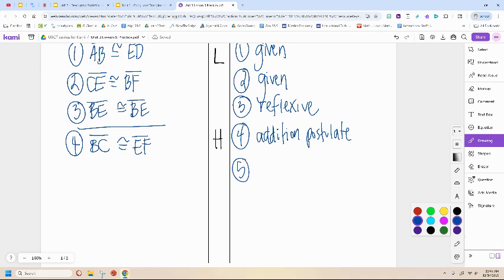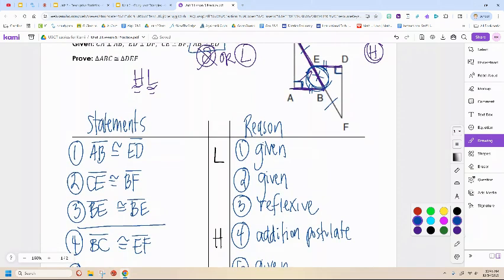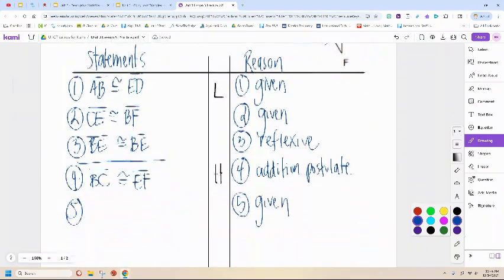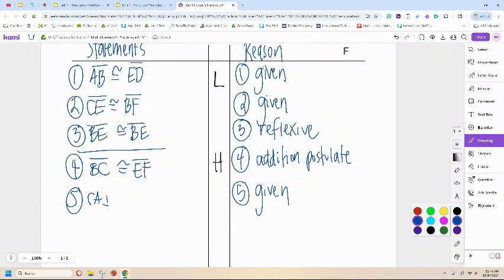I'm just going to go here. We have to do the given, though. We didn't put it in yet, did we? But can we do both givens? The last two givens, can we do both givens right now? So that's the only thing about doing givens in parts: you have to make sure all the givens get in your proof. Okay? So the last given was the two perpendicular statements. CA is perpendicular to AB, and the other given was ED perpendicular to DF.